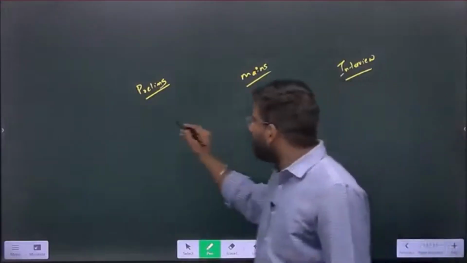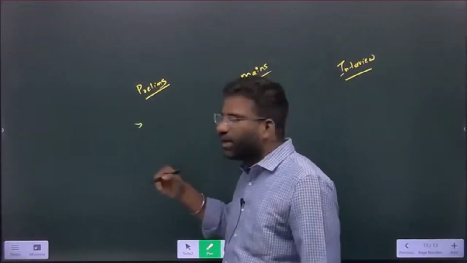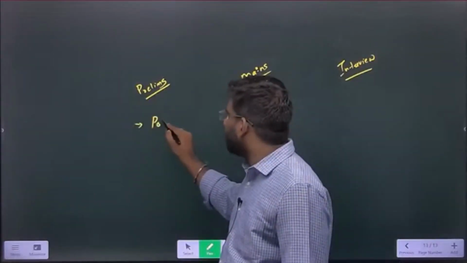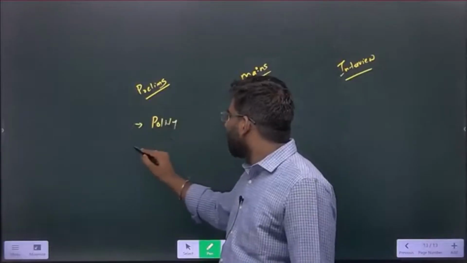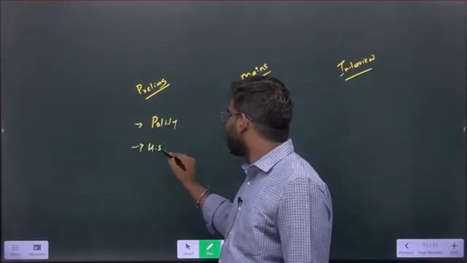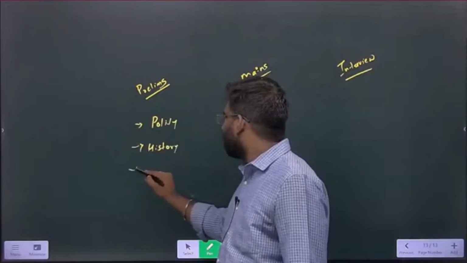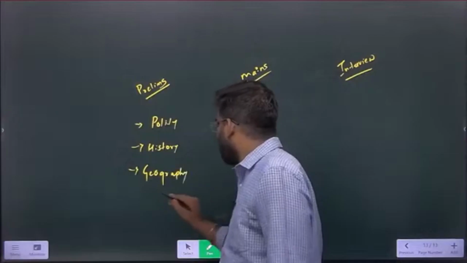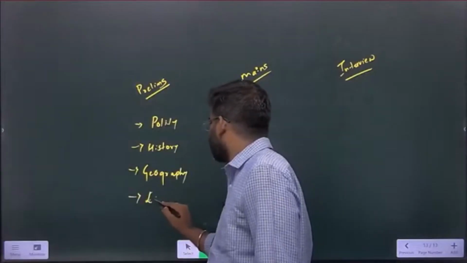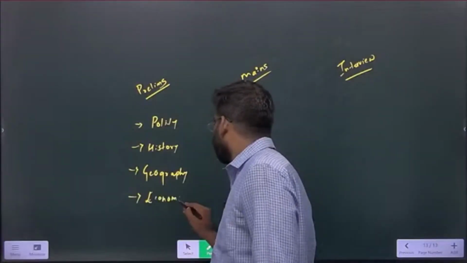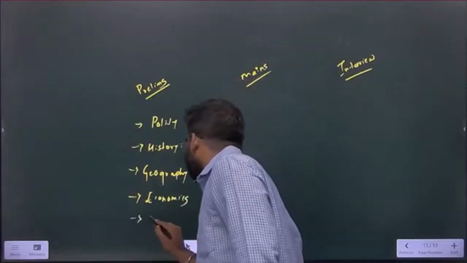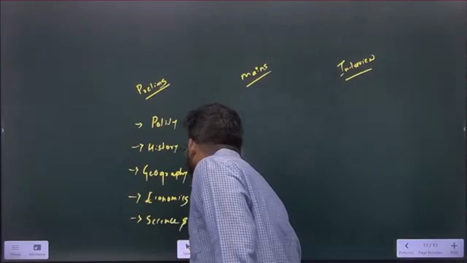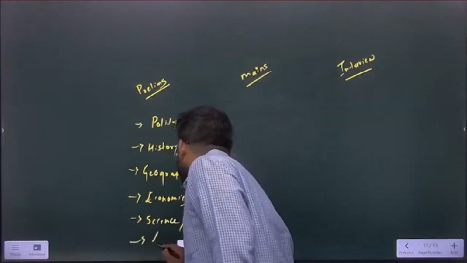अब भाई prelims point of view से which are the subjects you have to do. Prelims point of view से जो आपको सब्जेक्ट पढ़ना है दैट इज पॉलिटी, हिस्ट्री, ठीक है, ज्योग्राफी, इकोनॉमिक्स, साइंस एंड टेक्नोलॉजी, as well as environment.